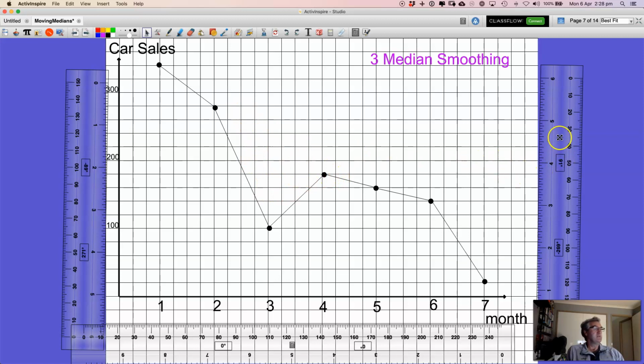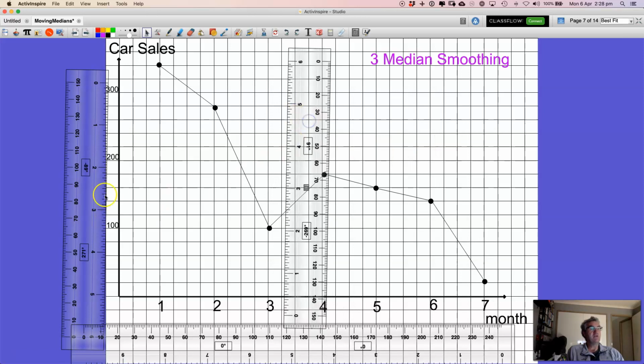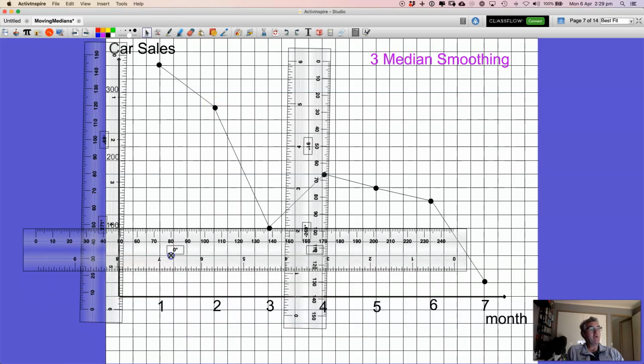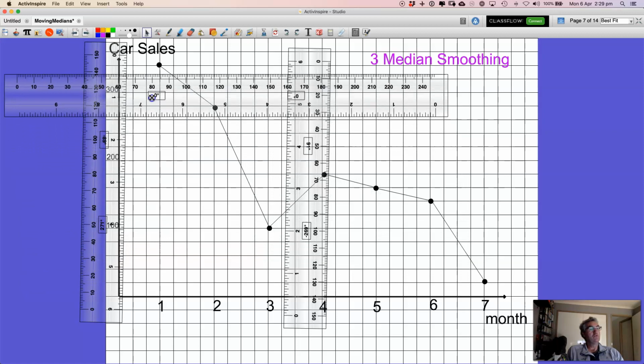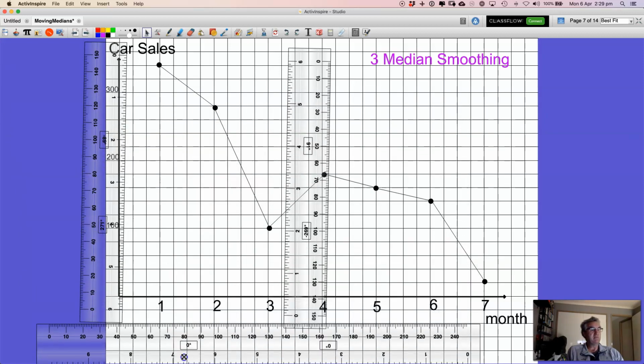Now, all I really need to do is work with my first 3 points. I like to just use 2 rulers and identify the median point. That will be right there. Why? Because when I work my way up, 1, 2, 3, it's the second point. That is the center.